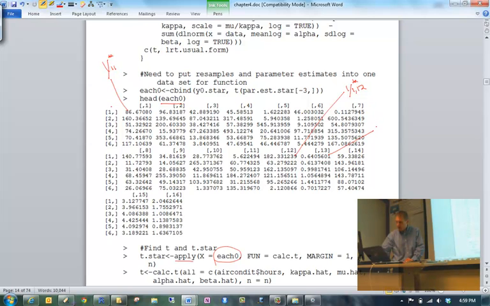So this is going to be kappa hat star 1, mu hat star 1, alpha hat star 1 and beta hat star 1.